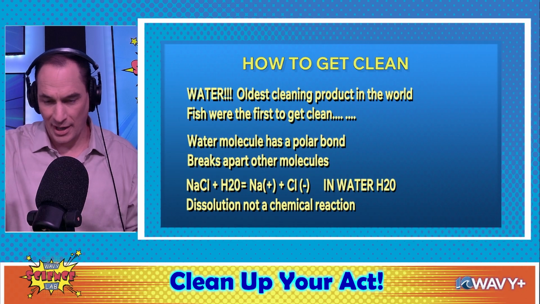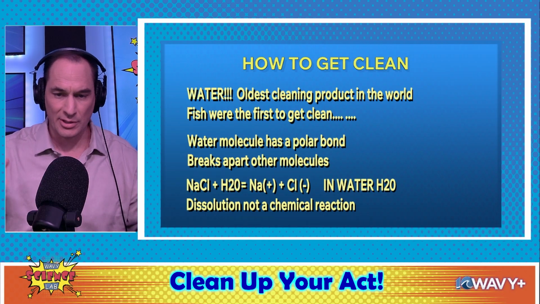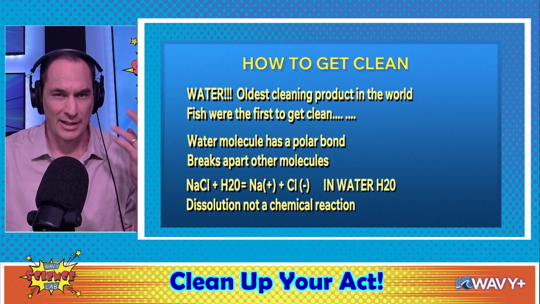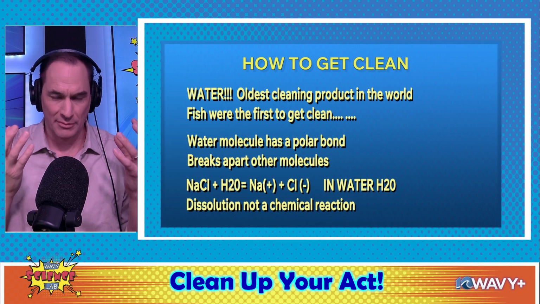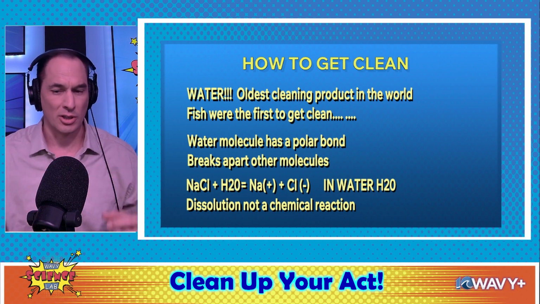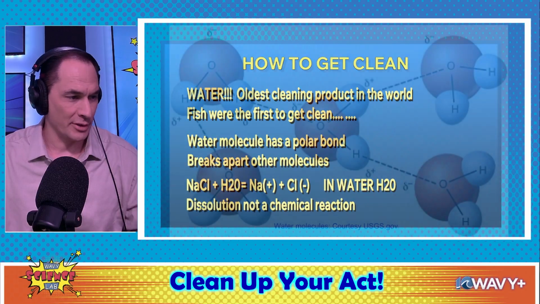So then it's got a charge to it when it gets split up like that. One's positive, one's negative. So in water, it's dissolved. It's not a chemical reaction because it's still the same things in there. The sodium's in there, the chlorine's in there. They don't change in this case. So it's dissolved. We're familiar with dissolving things in water.